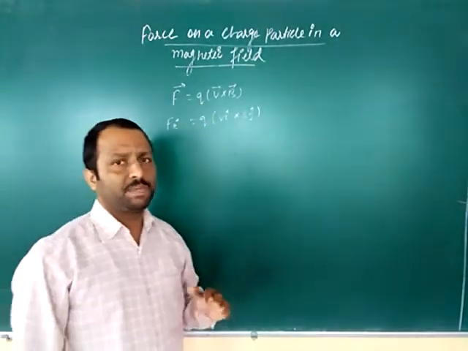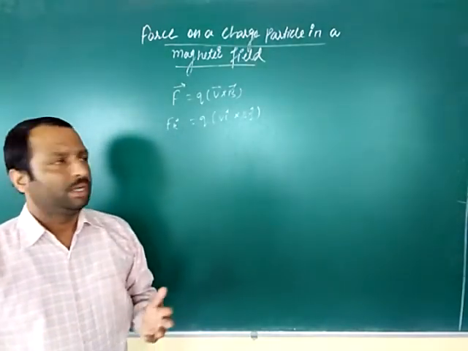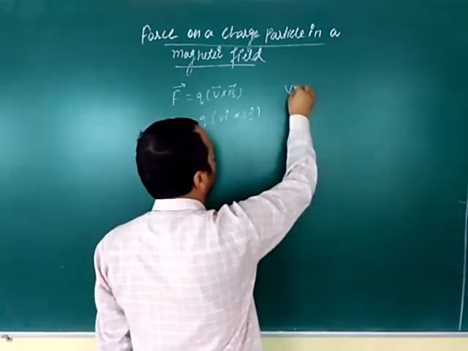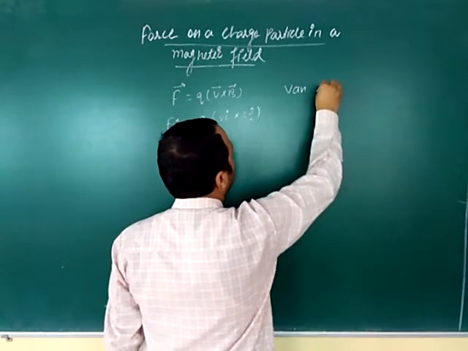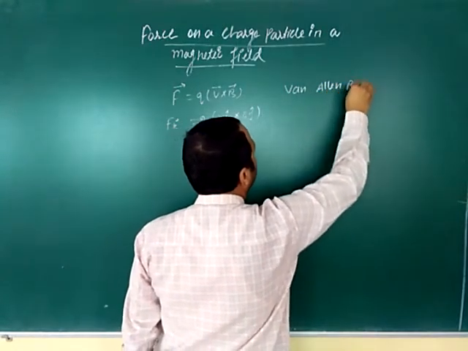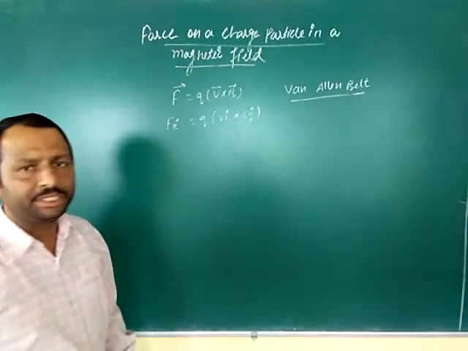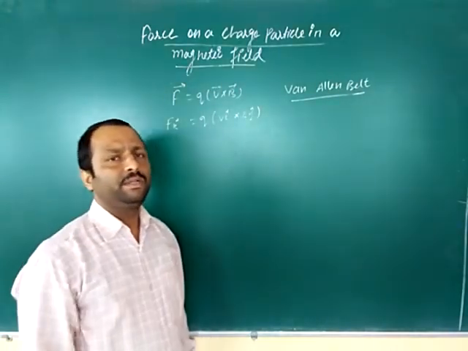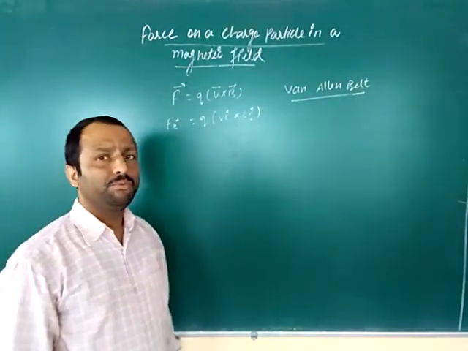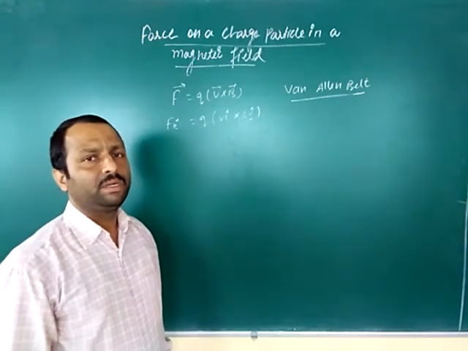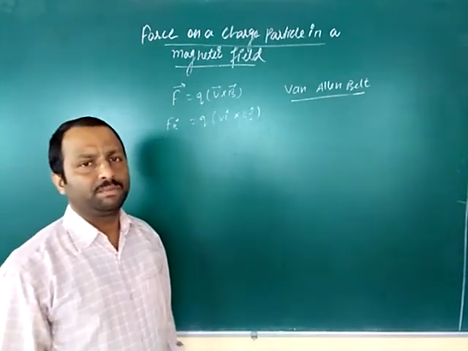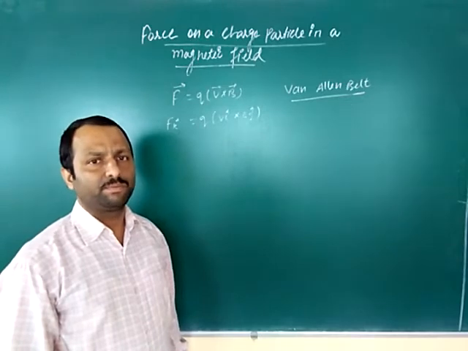Regarding the force experienced by a charged particle, you should also know about the Van Allen belt. Van Allen belts are the radiation belts discovered by James Van Allen from the data he collected from the American satellite Explorer 1.